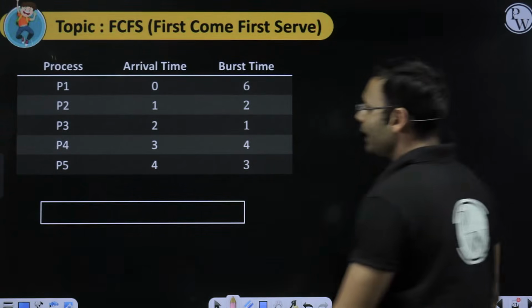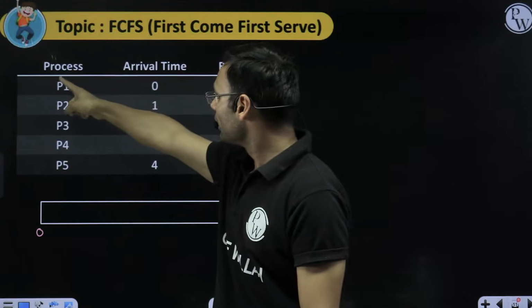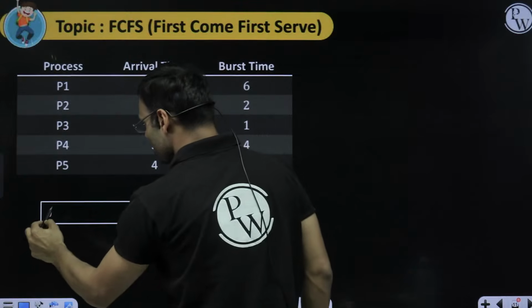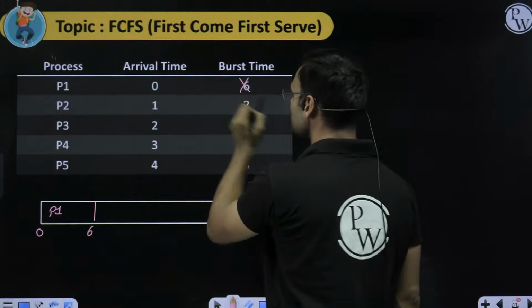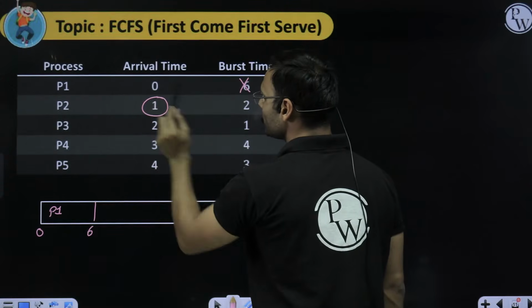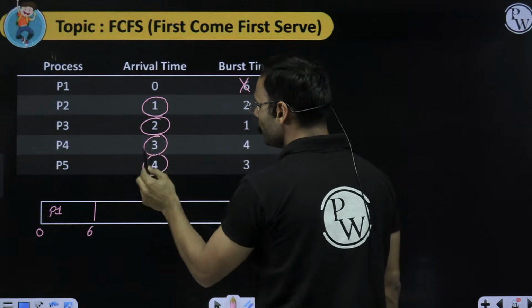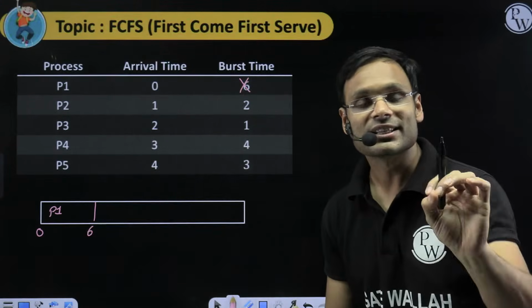Okay. At time 0, we have only one process arrived, P1, which arrived first. It will run for 6 time units. While P1 was running till 6, before that, P2 arrived at 1, P3 arrived at 2, P4 arrived at 3, P5 arrived at 4, and these all already arrived and are waiting.